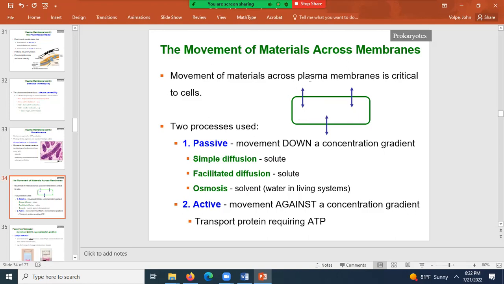At least some of it will never be brought into the cell, because fructose will move into the cell only when it is higher outside the cell than inside the cell. Once the two concentrations equal each other, fructose will stop moving into the cell. And fructose is moving into the cell by facilitated diffusion.